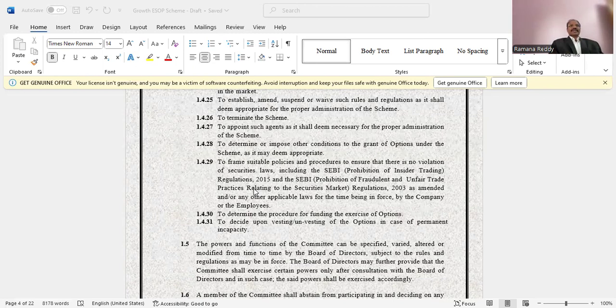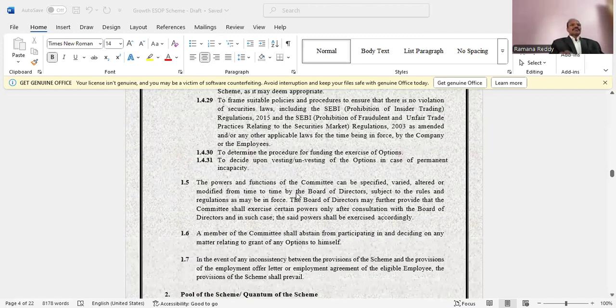Scheme has to be drafted in such a way that there shall not be any dispute. There shall not be any room for creating any doubt. The powers and functions of the committee can be specified, varied, altered, or modified from time to time by the board of directors, subject to rules and regulations as may be enforced.